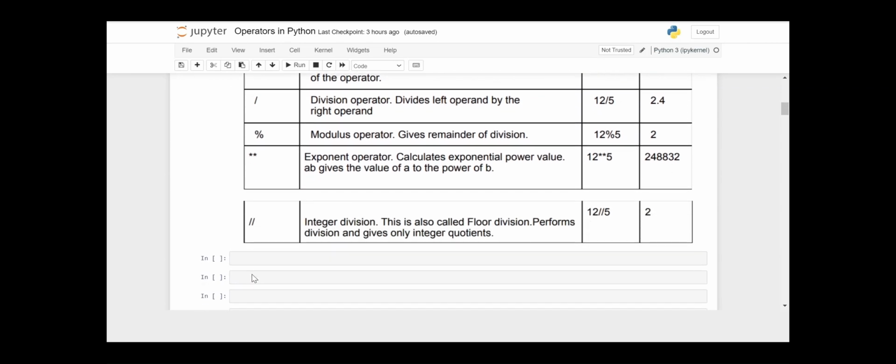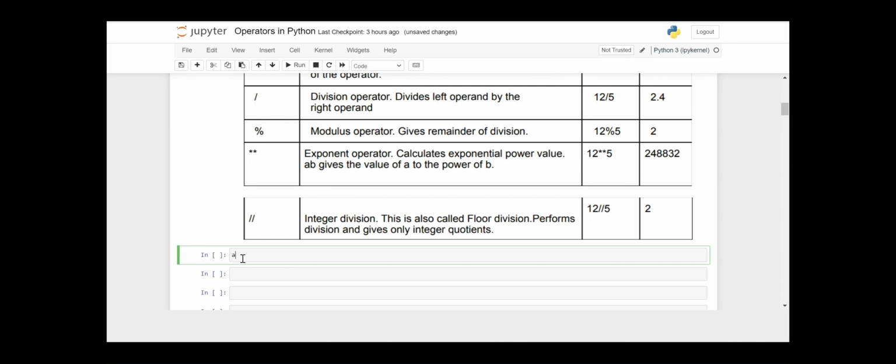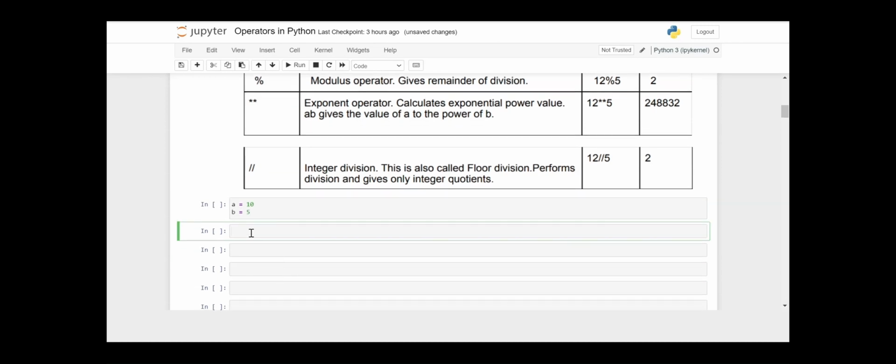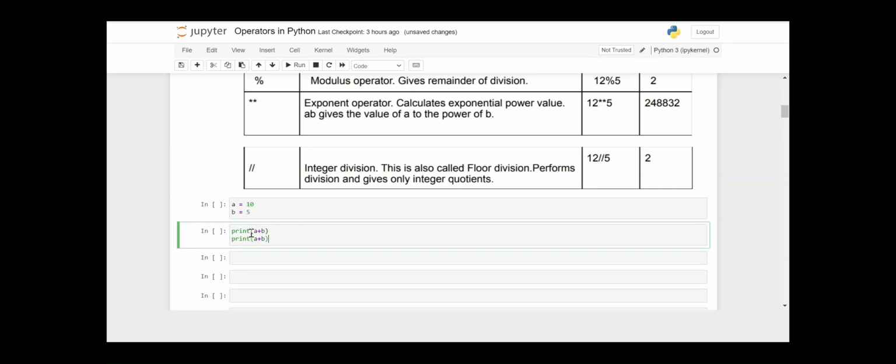So let's do it practically. I'm going to take 2 variables, and we're going to give them very, very basic values so that we can also see if the calculations we're doing are correct or not. First, I'm directly going to print all these things, okay? Whilst I'm doing this, I want you to solve this on your own so that you can check it.